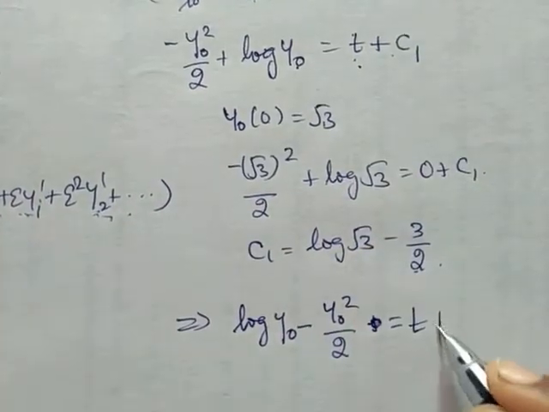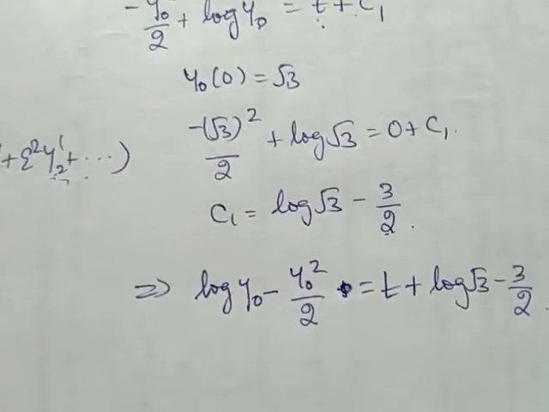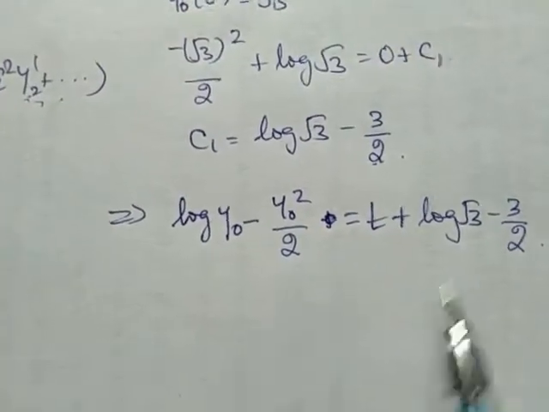C1 is this plus log root 3 minus 3 by 2. So now we got the value of y naught.